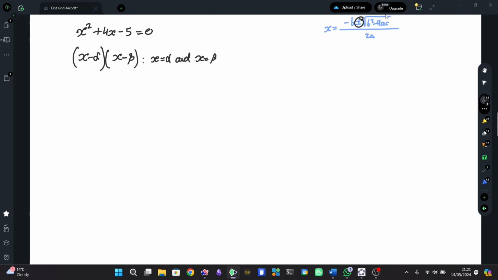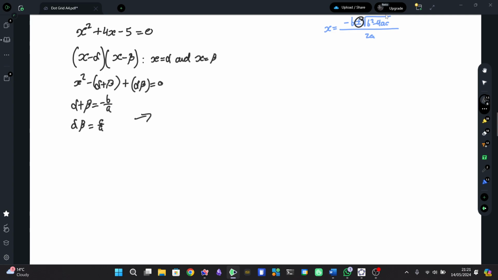You should also know that x squared minus (alpha plus beta)x plus alpha beta equals 0. So from there we can say alpha plus beta equals minus b over a, and alpha times beta equals c over a, where a in this case is just 1.